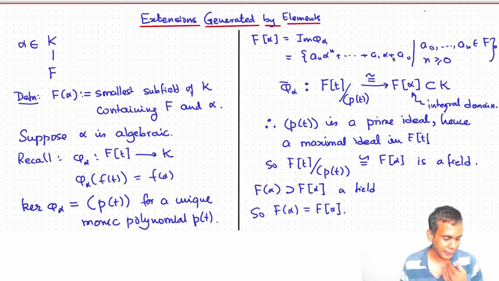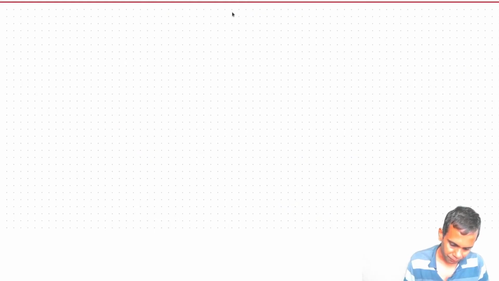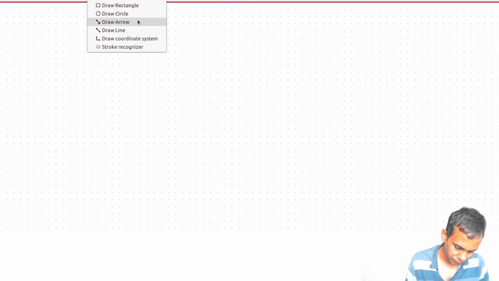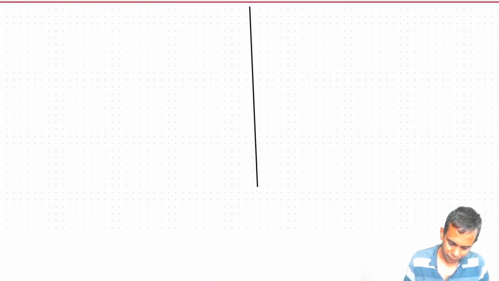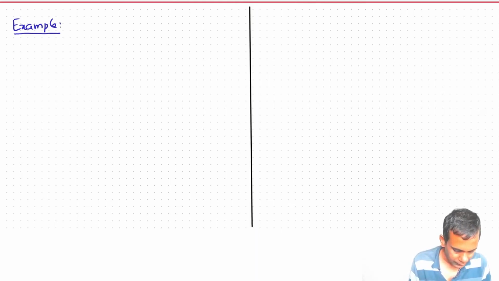Let's look at an example. Let's take for our field extension the complex numbers over the rational numbers, and let's take alpha equals root 2.